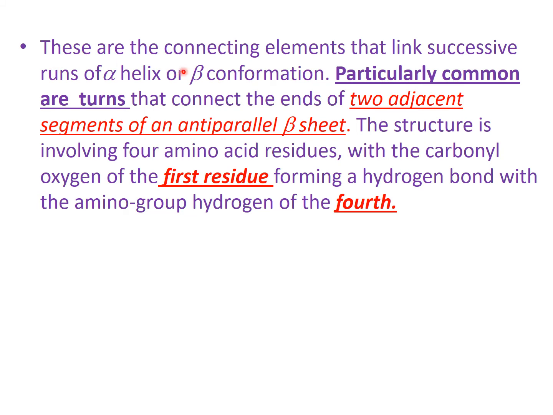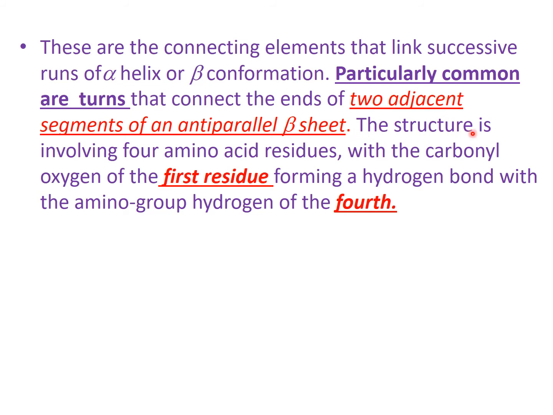These are the connecting elements that link successive runs of alpha helix and beta conformation. Particularly common are turns that connect the ends of two adjacent segments of anti-parallel beta sheets.